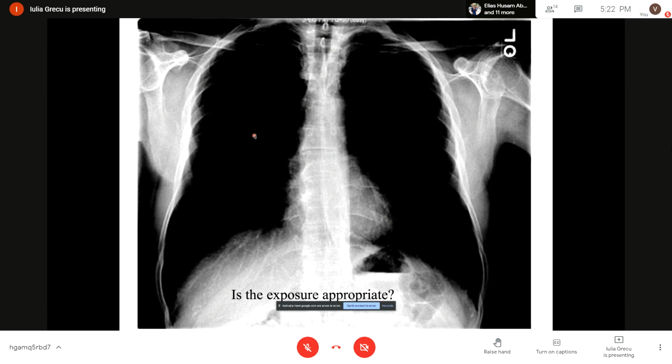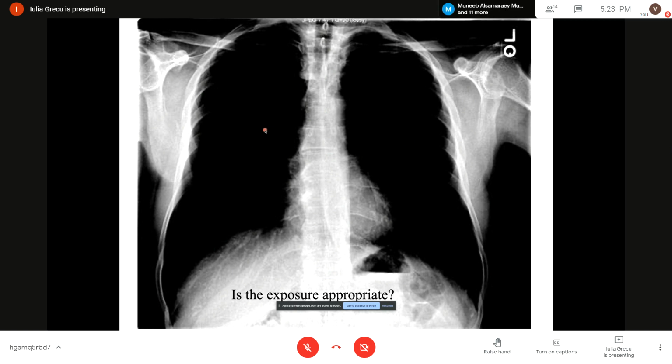Another problem that can appear with these overexposed films is that sometimes we can falsely believe that the patient has maybe pulmonary emphysema, because we cannot see the normal vasculature and interstitium of the lungs.